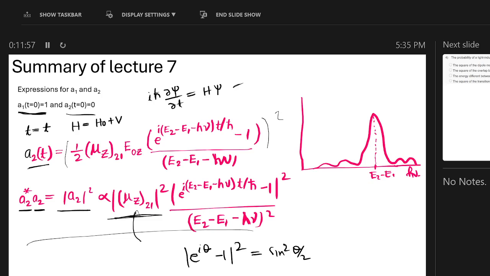So what does this curve represent? At this point the intensity is maximum. This is the corresponding intensity. The intensity will be maximum when the energy difference between two states, that is E2 minus E1, is approximately equal to h nu. This is called the Bohr condition.